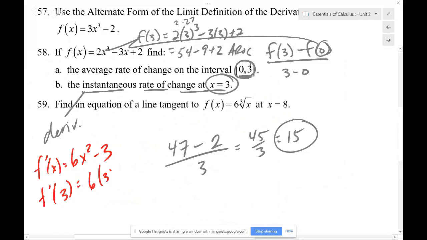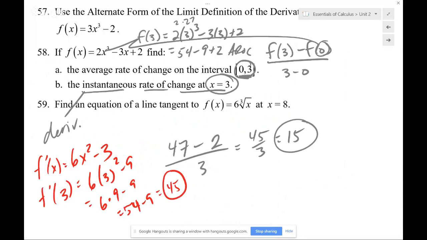So I'm going to get 6 times 9 minus 9. It's 54 minus 9, which is 45. Okay. So that's average rate of change and instantaneous rate of change. Let's see what we got. We got some 40s here I just saw.